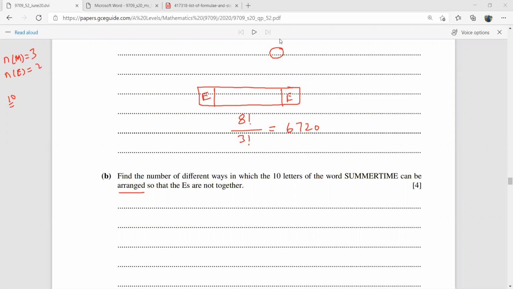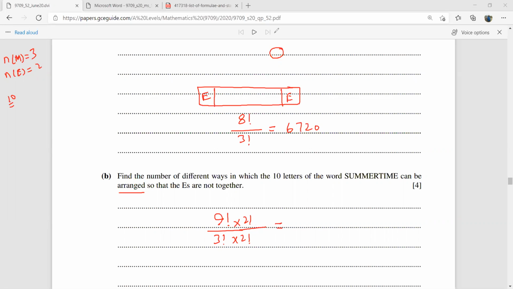So that means the remaining 8 letters plus this 1, so 9 objects have to be permuted in which there are 3 M's. And if you want to write 2 factorial for the 2 E's, you will have to divide by 2 factorial as well because they are both the same. This is one way of doing this. You can find this answer.